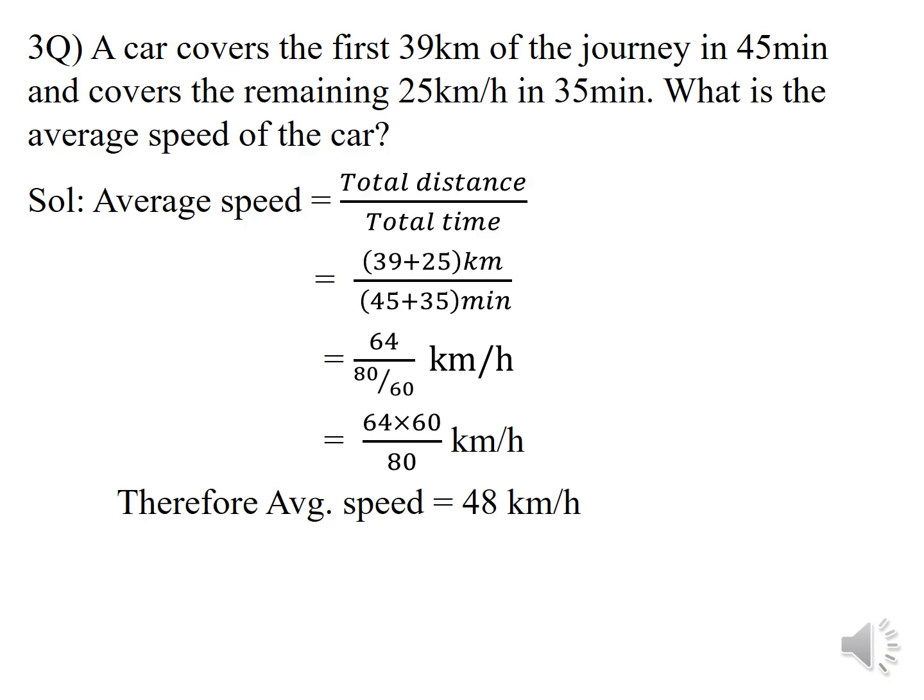Need to convert minutes into hours, no? So it can be written as 80 by 60 kilometers per hour. This can also be written as 64 into 60 by 80 kilometers per hour. After cancellation in 8th table, we got average speed is equal to 48 kilometers per hour.